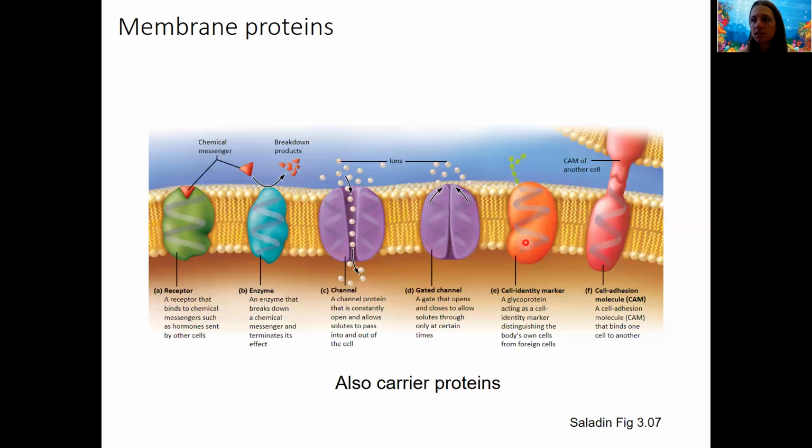This is the glycoproteins that have that identity marker, so you can tell self from non-self. And then adhesion is the other thing I mentioned with those carbohydrates. These cell adhesion molecules, or CAMs, allow cells to adhere to other cells. So those are two other types of proteins in the membrane. Again, the focus will be on transport proteins, which are these today. And at the end, I'll talk a little bit about a receptor protein as well, a G protein coupled receptor.